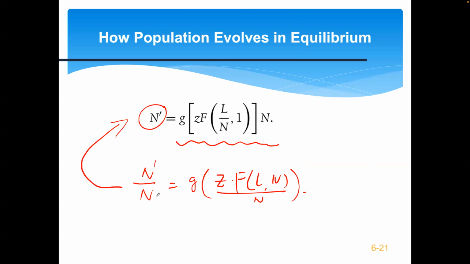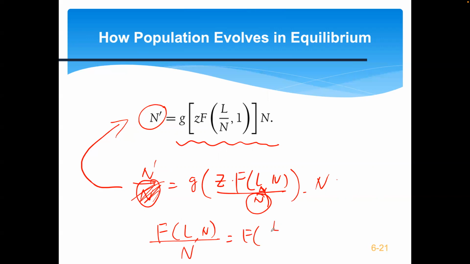We do two things. First, we move this N to the right-hand side, so this disappears. The second thing is that we let this N go inside the function. To be precise, F L N divided by N, we say this is equal to F L N of 1.